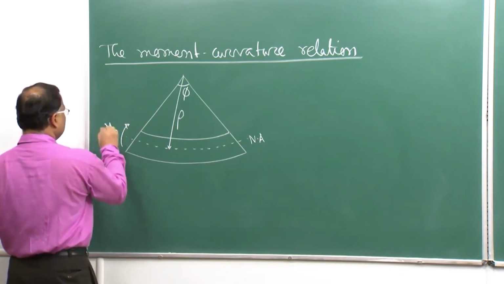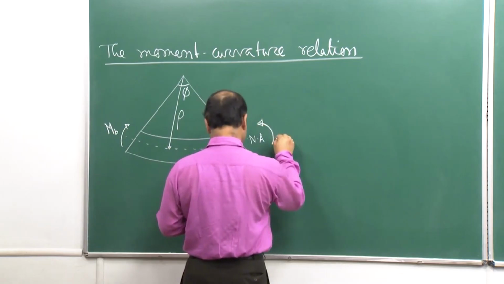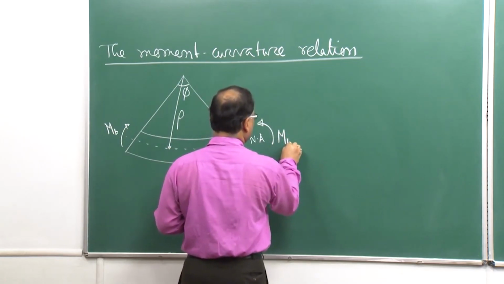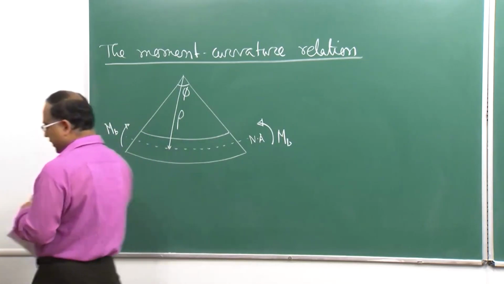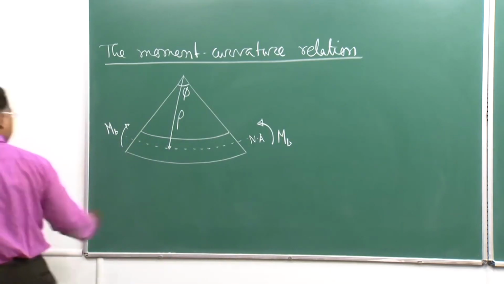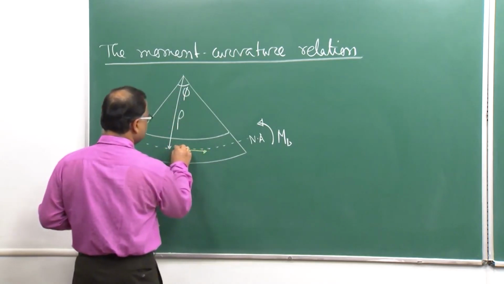We have already seen that earlier. The original x axis was horizontal and this is the curved part.